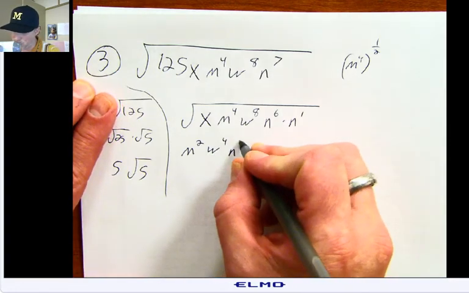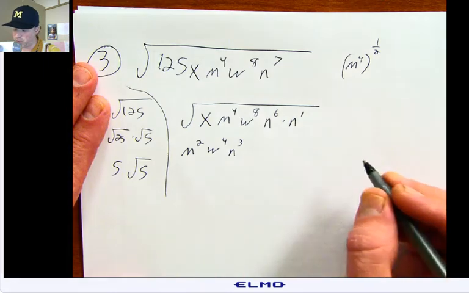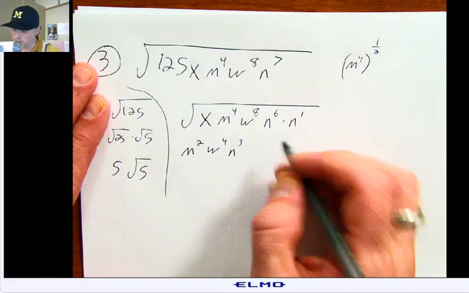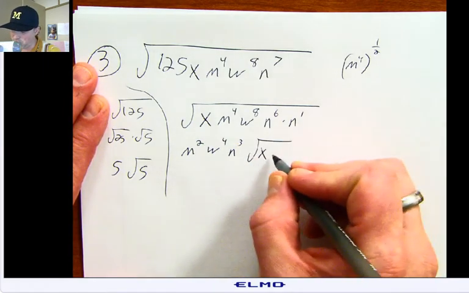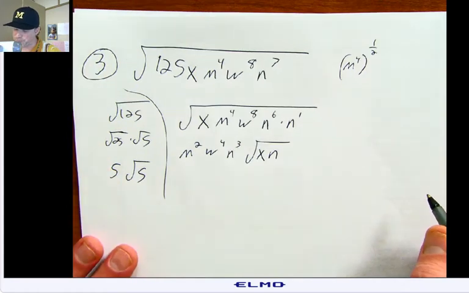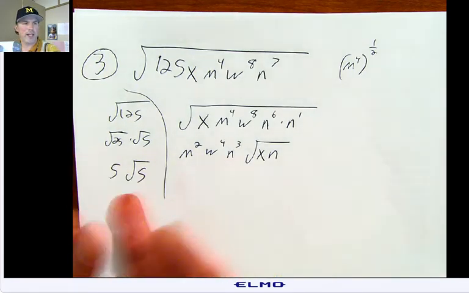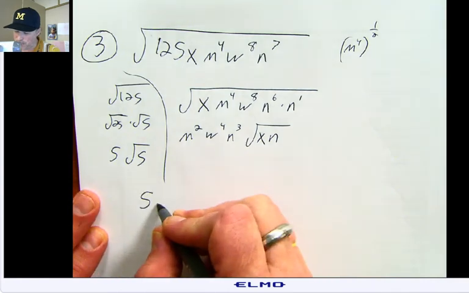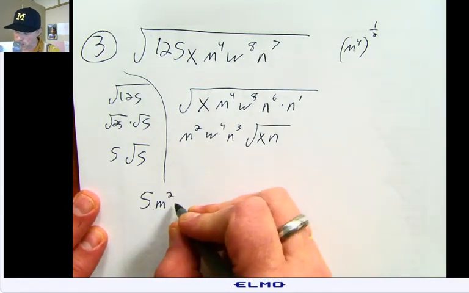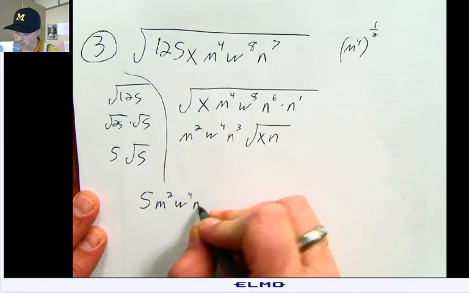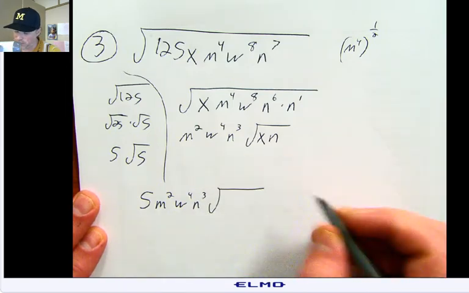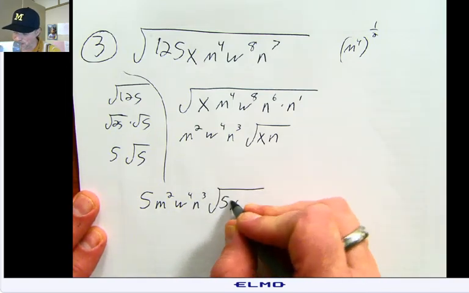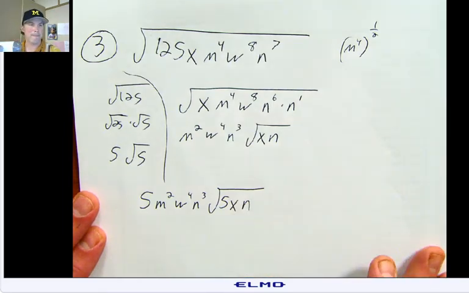N to the 6, 6 divided by 2 is 3, so n cubed, and then left on the inside is the lone x and the lone n. So at that point, combine these 2 problems, and you end up with 5, the m squared, the w to the 4, the n to the 3, and then left on the inside is the 5, the x, and the n.